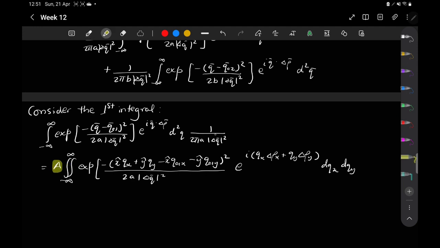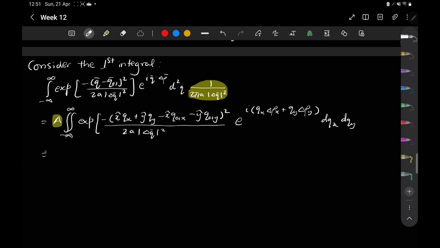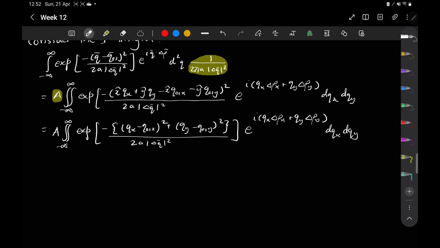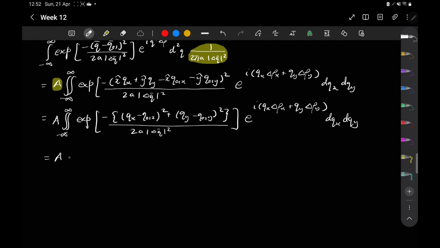And this prefactor a is this term over here. Now let us separate the x and y integrals.